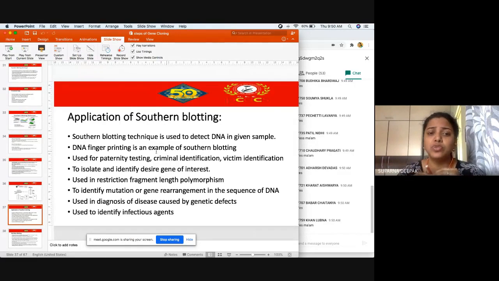So all the applications of DNA fingerprinting can also be considered applications of Southern blotting. It can be used for paternity testing, criminal identification, and victim identification.